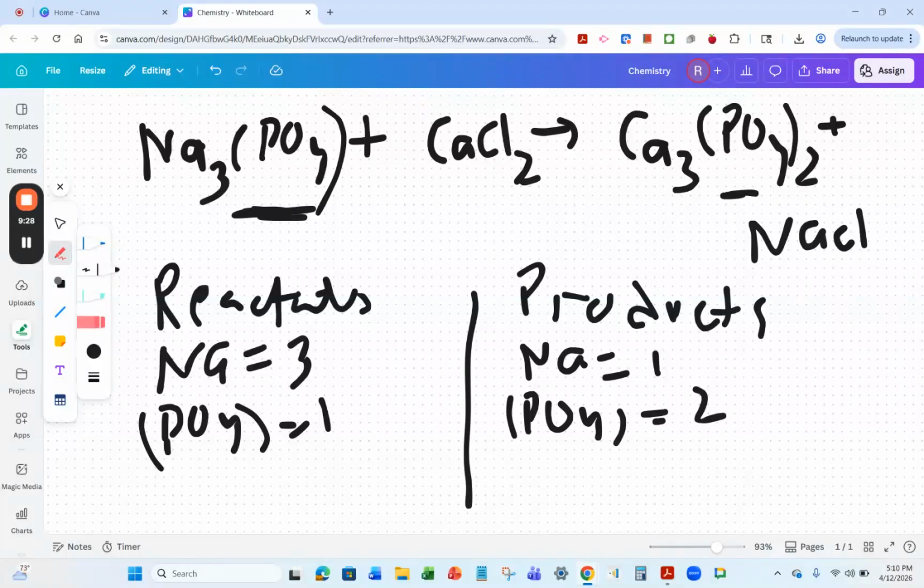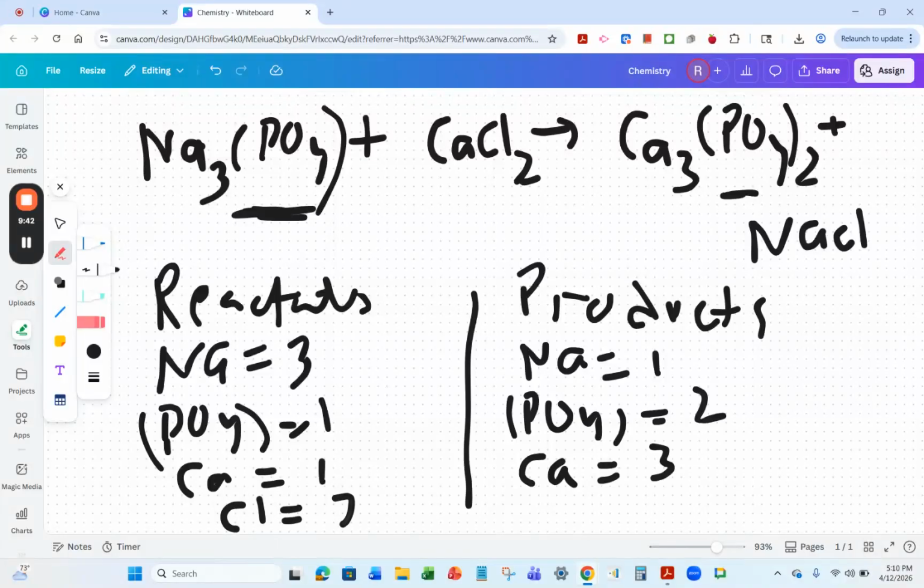Then you have calcium 1 on the reactant side and calcium 3 on the product side. Then you have a chlorine 2 on the reactant side and chlorine 1 on the product side. So it's clear nothing is balanced.